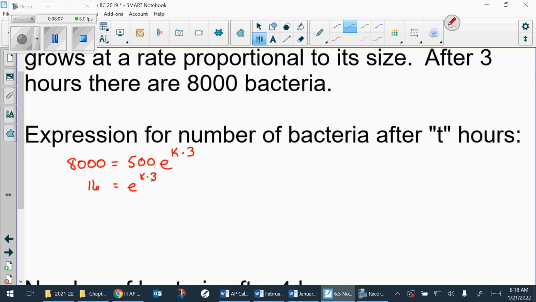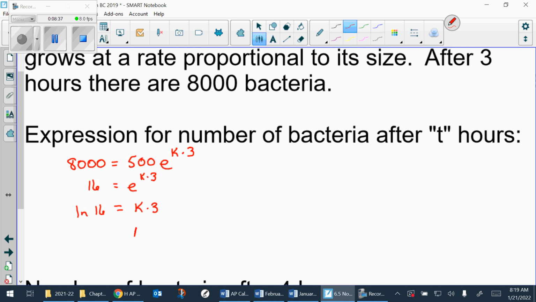Now I could go from exponential form into log form, or other people look upon it as, let's take the natural log of both sides. If I take the natural log of the left side, if I take the natural log of the right side, and so I've gone from exponential form to log form.